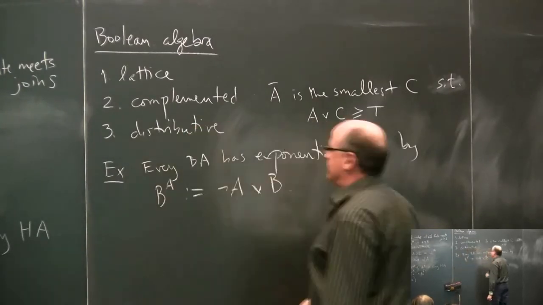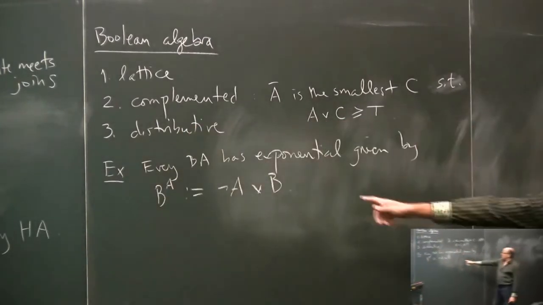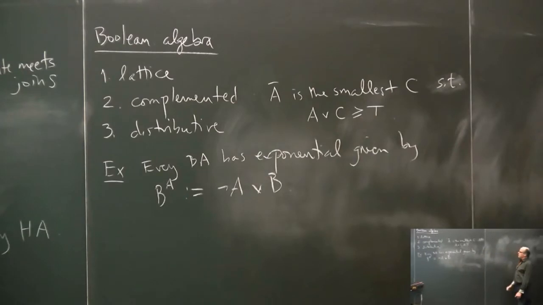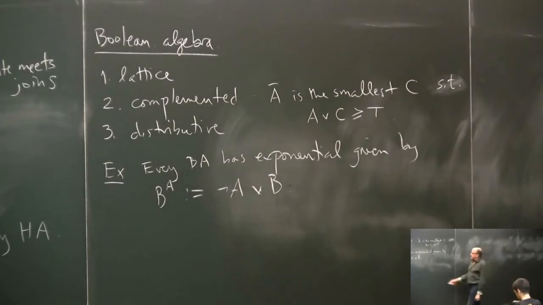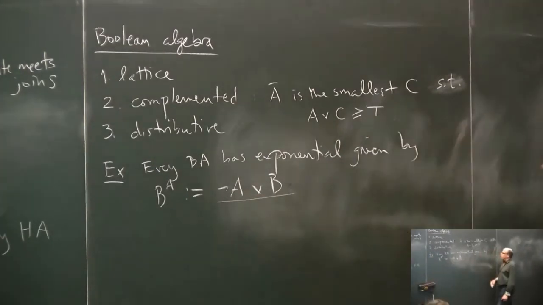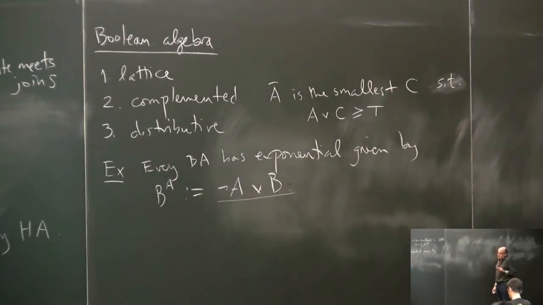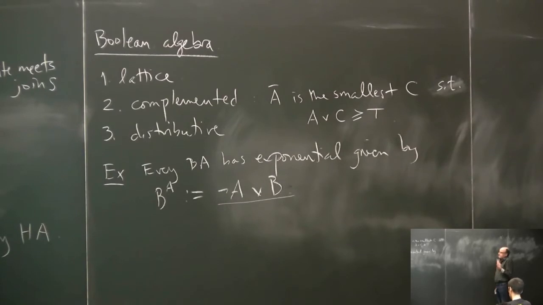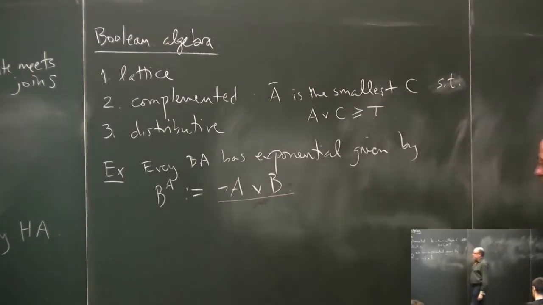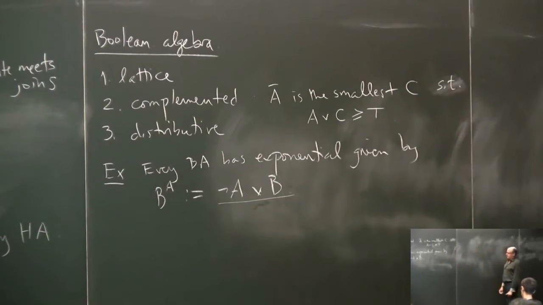And that's what gives rise to the truth table for implication that you learned back in school. The exponential in a Boolean algebra is given this way, and the truth table, for the particular Boolean algebra with two propositions, is derived by taking that as your definition of an exponential.